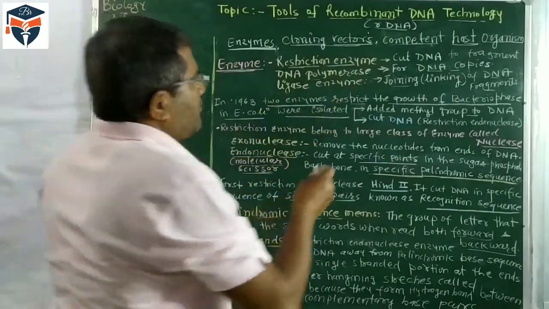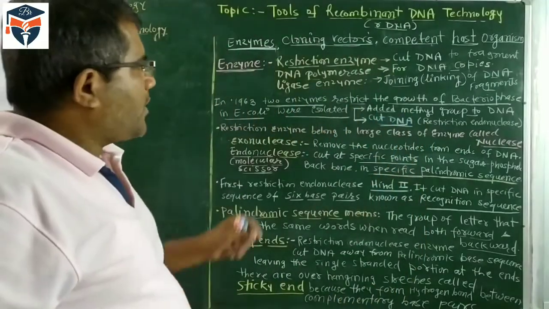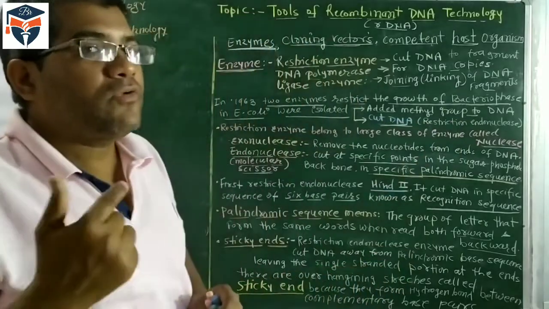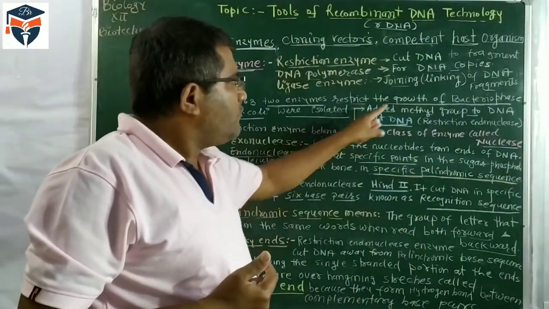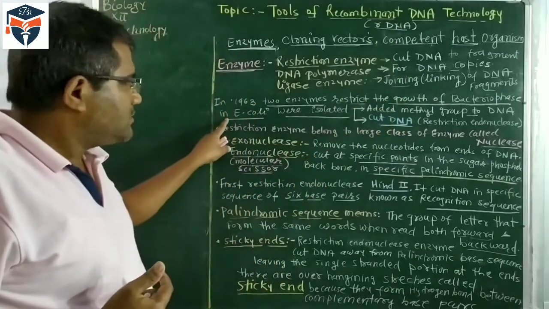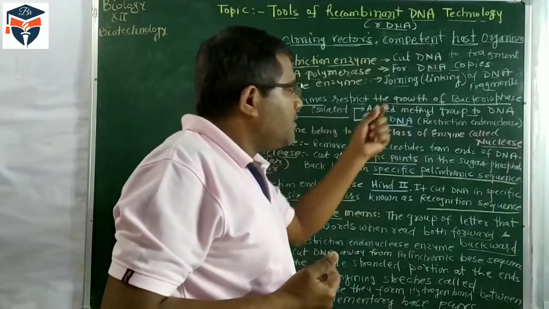Another enzyme cuts the DNA, and that enzyme is nowadays called the restriction endonuclease enzyme. The second enzyme restricts the growth of bacteriophage in E. coli because it cuts the DNA.